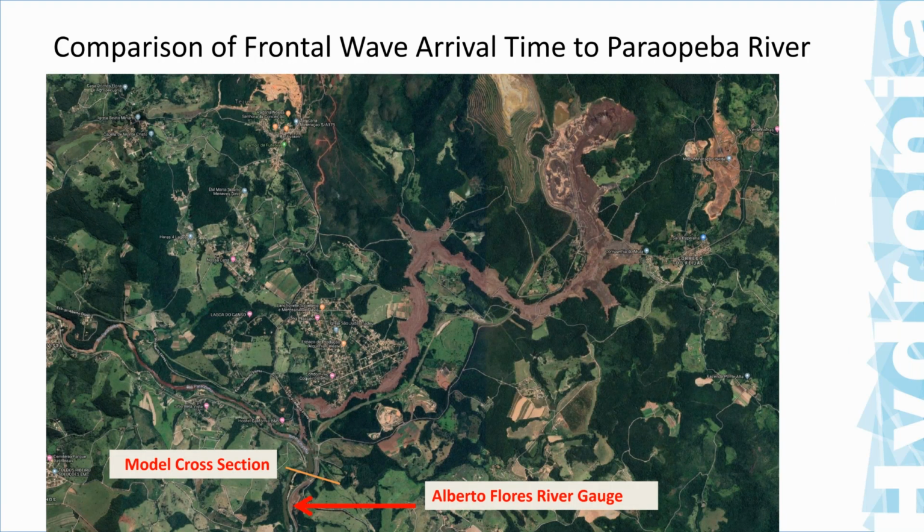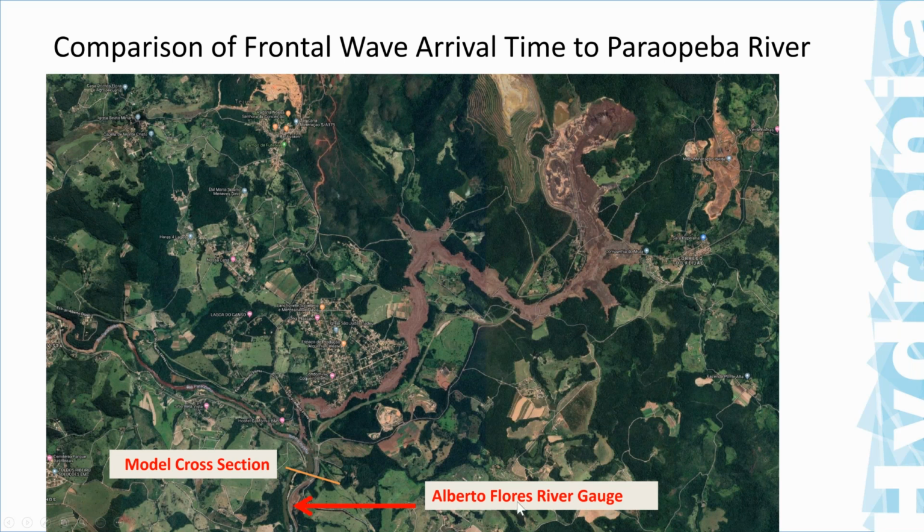Now, going more toward why we need a variable property model. One of the things that we found in this application, which is also found in many other applications of tailings dams or debris flows, is that we have a river downstream from the dam. This is Brumadinho town.